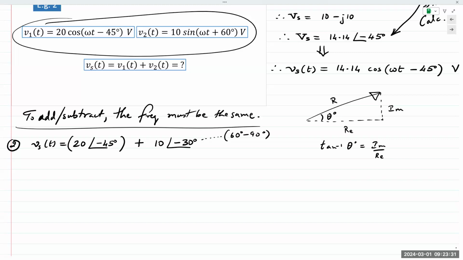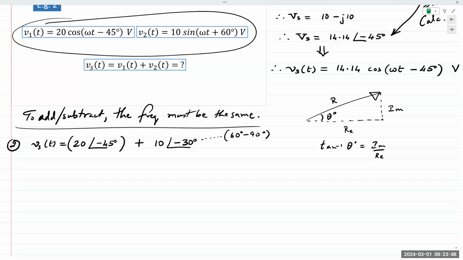I'm performing the cosine conversion. Sine x is equal to cos of x minus 90. Since I need the expression in cosine format, I subtract 90 degrees from the phase angle. Phase angle is 60, 60 minus 90 is minus 30.